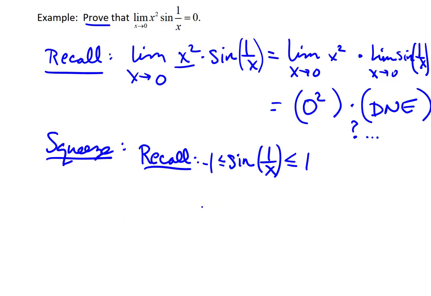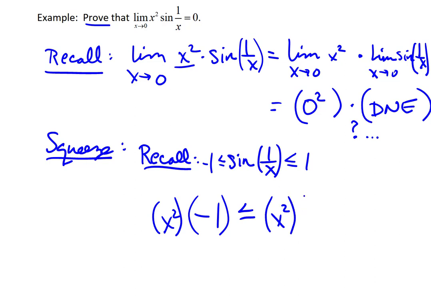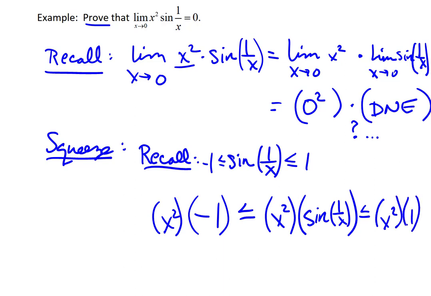But let's take this inequality where the left boundary was -1, and multiply that by x squared, and go all the way through like this. I'm going to multiply the middle expression, our sine of 1 over x, by x squared as well. And then even on the right side, we'll multiply the 1 we had over there by x squared.